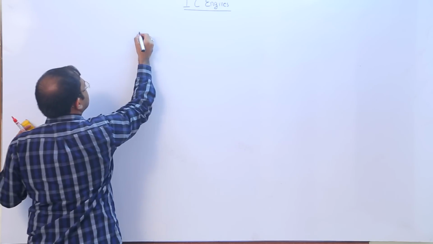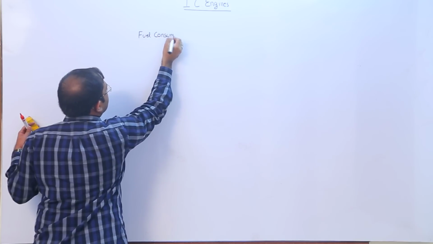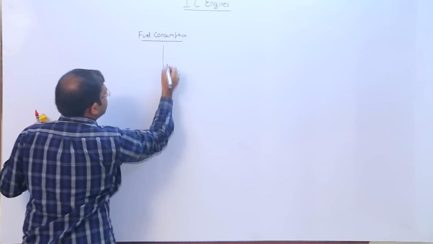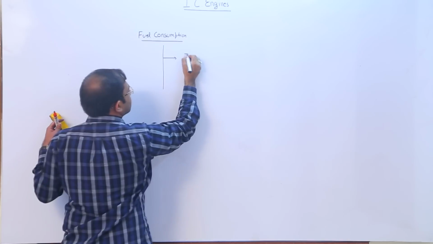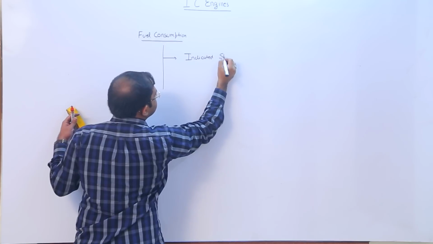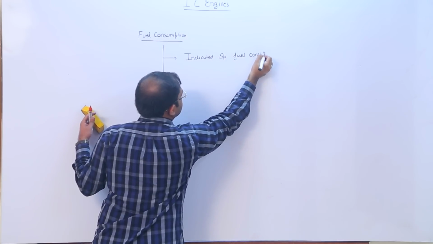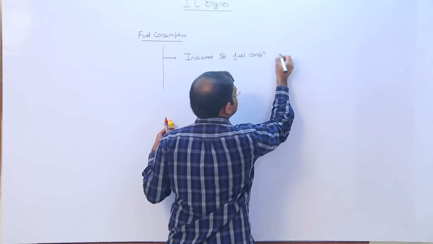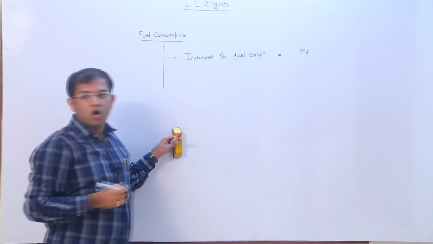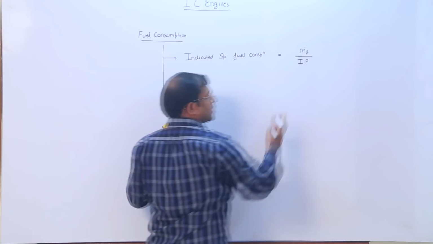Now come to fuel consumption. Again it is of two types: indicated specific fuel consumption, and that is nothing but how much amount of fuel is consumed to produce indicated power.